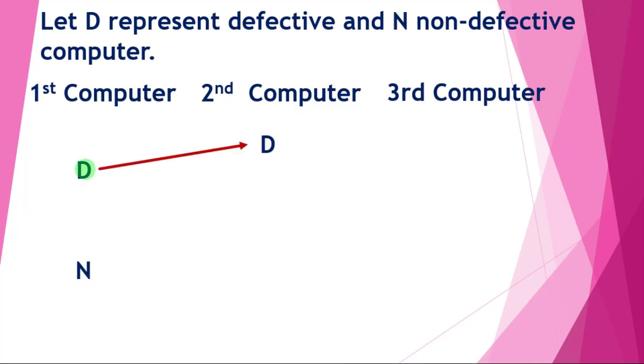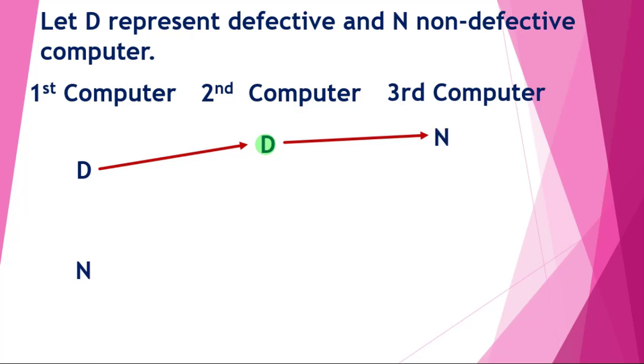Concentrate on the D. So the first computer chosen by a retailer, for example, is a slightly defective one. Then on the second computer, there is still a possibility that it's going to be a D. And on the third one, one of the conditions in the problem says that there are only 2 out of 5 computers shipped that are slightly defective.